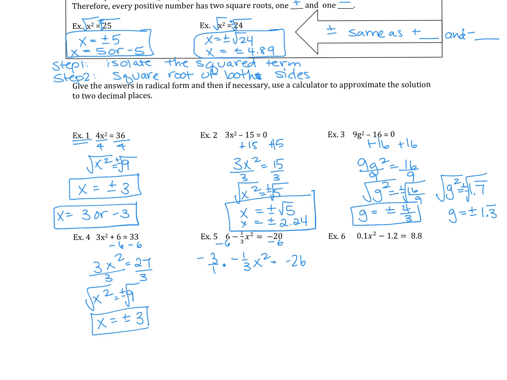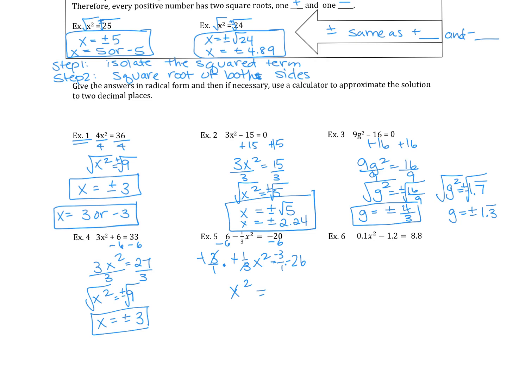So when I multiply by the negative, my negatives are going to cancel on the left side, and when I multiply by 3, my 3 and my 1/3 are going to cancel. So let me also multiply this side by negative 3 over 1. So my negatives cancel, my 3's cancel, and I just get an x squared on my left. That's what I wanted. I wanted to isolate my x squared term.